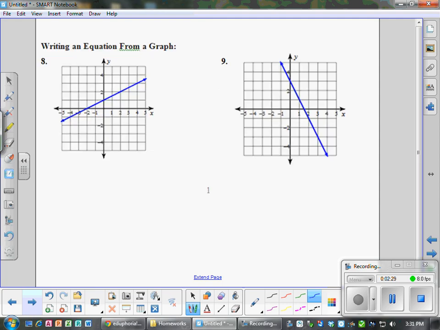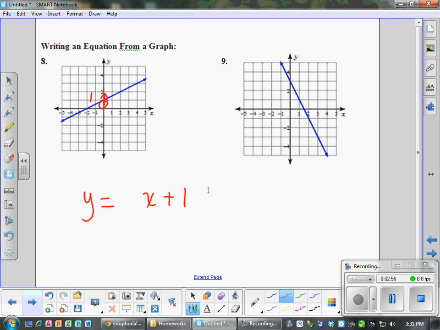On problems number 8 and 9, it says write an equation from a graph. First things first, ladies and gentlemen, we identify our y-intercept. Where does it cross the y-axis? For this one, it crosses the y-axis at positive 1. Now we need to go ahead and calculate our slope. How many do I go up?